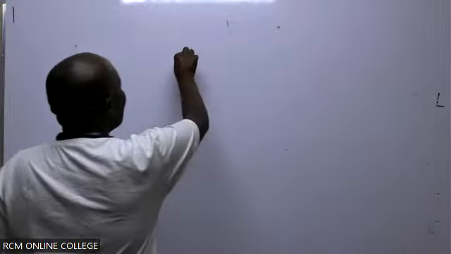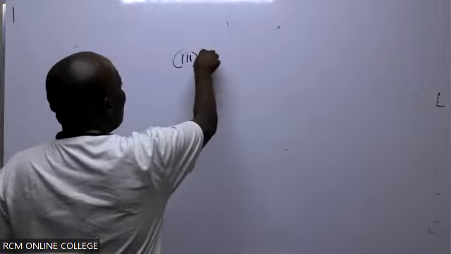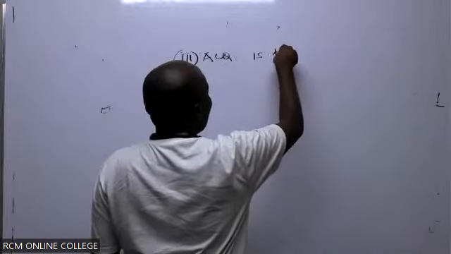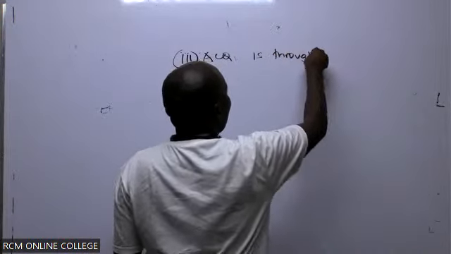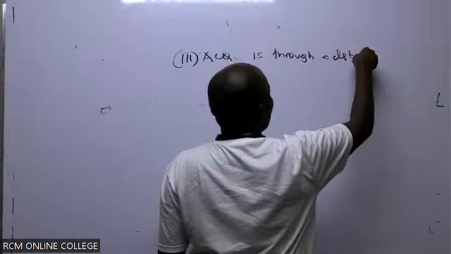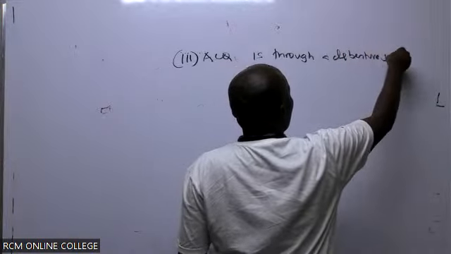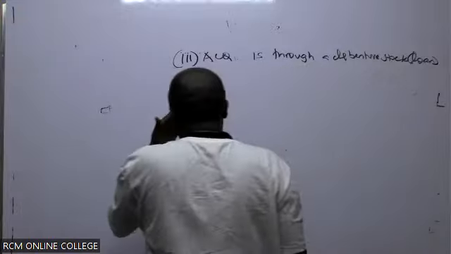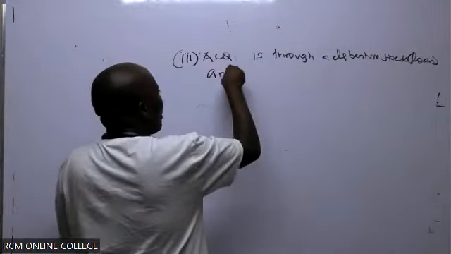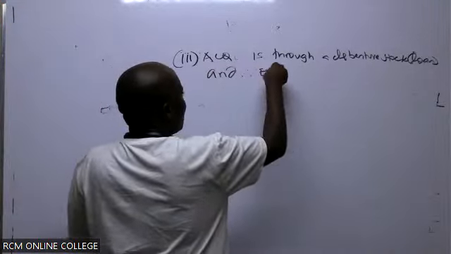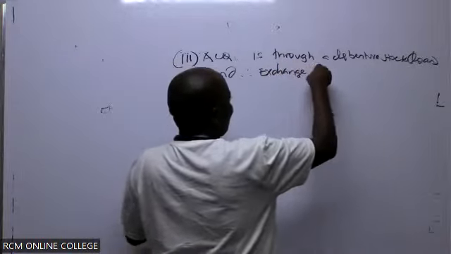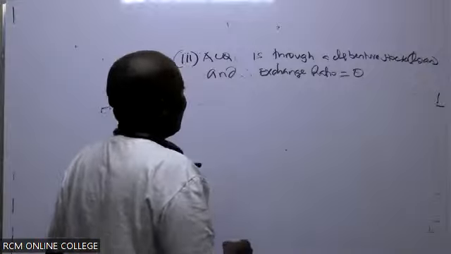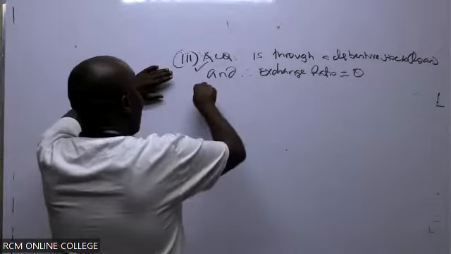So for Roman 3, ladies and gentlemen, the acquisition is through a debenture stock, a loan being issued to the target company, and therefore you cram it that way: the exchange ratio will be equal to 0. That's number one. Tick.